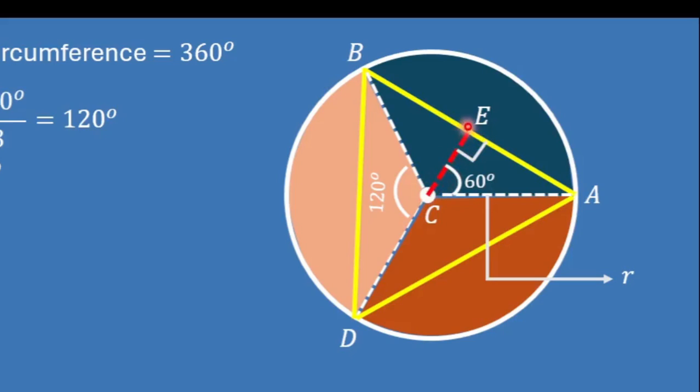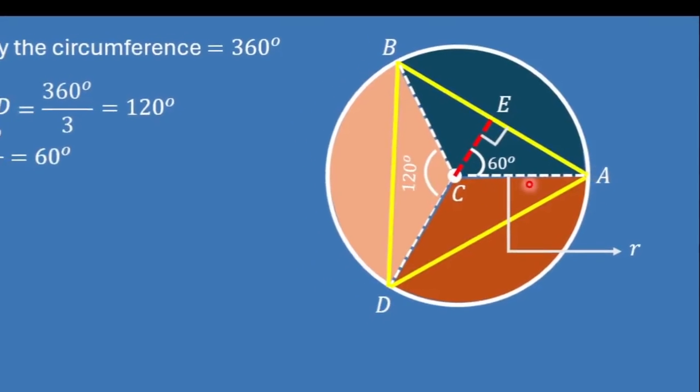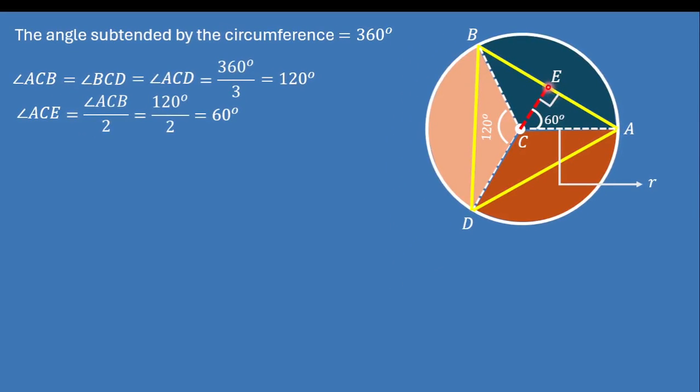Therefore, the side CE is the base of this right angle triangle and side EA is the perpendicular, and similarly the side AC is the hypotenuse. And we know that the ratio of perpendicular to hypotenuse equals sine theta. Therefore, I can write AE divided by AC equals sine 60 degrees, from which I can write AE equals AC times sine 60 degrees, and we know sine 60 degrees is equal to square root 3 divided by 2.